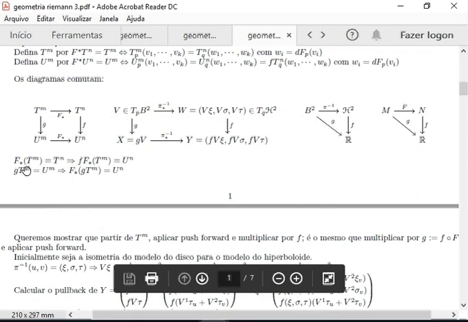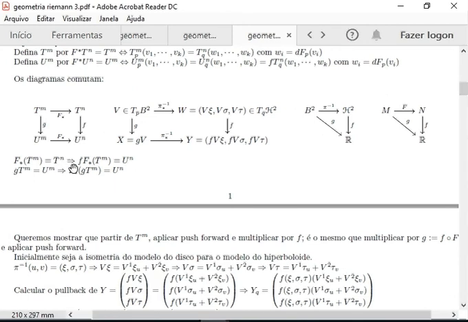What's the push forward of Tm? It's Tn. F multiplied by the push forward of F Tm is equal to Un. G multiplied by Tm is equal to Um.